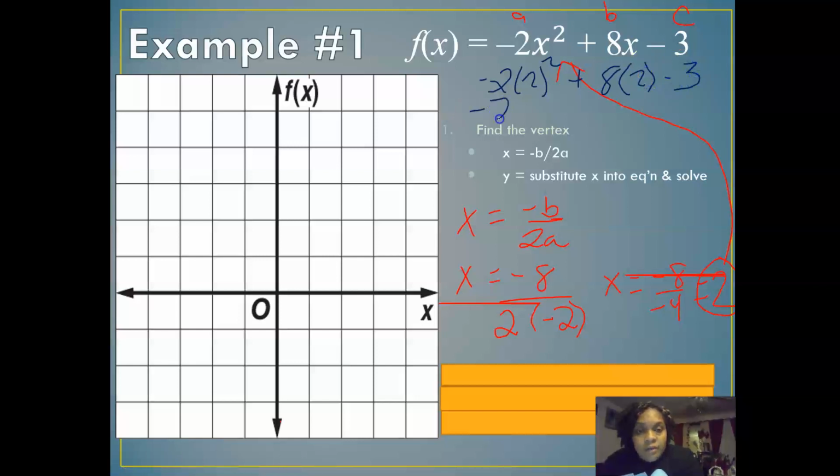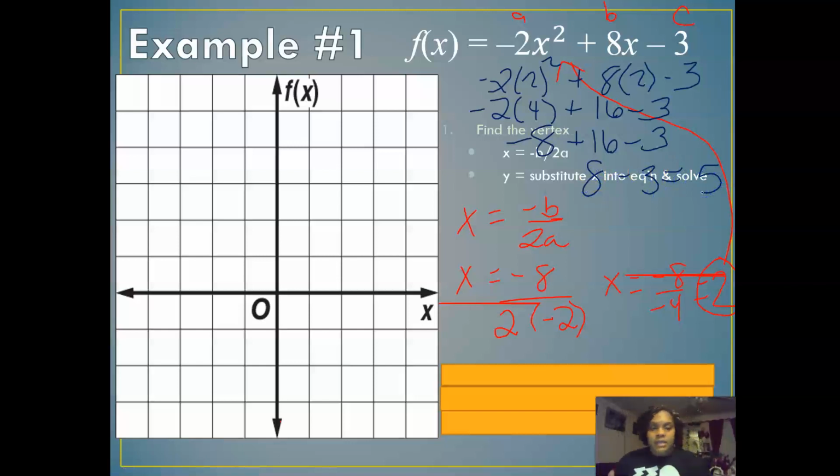So negative 2 times 4 is negative 8, plus 16 minus 3. Negative 8 plus 16 is 8, minus 3 gives me 5. So when x is 2, y is 5, and I have a vertex of 2, 5.